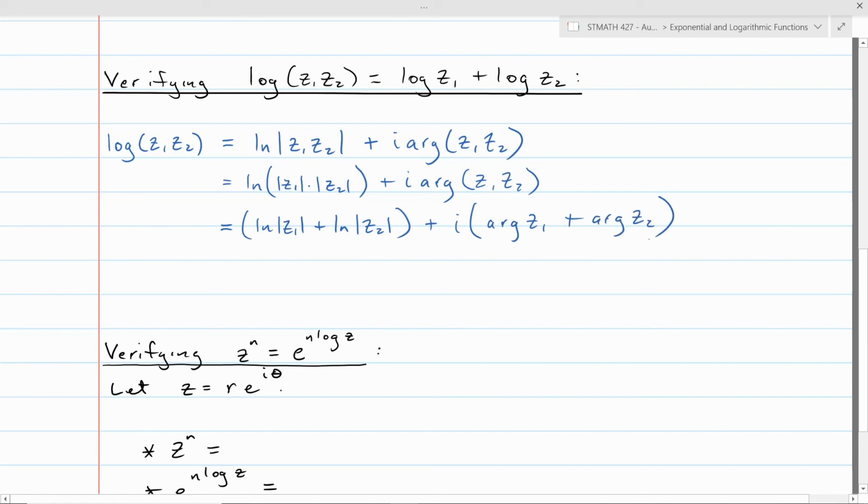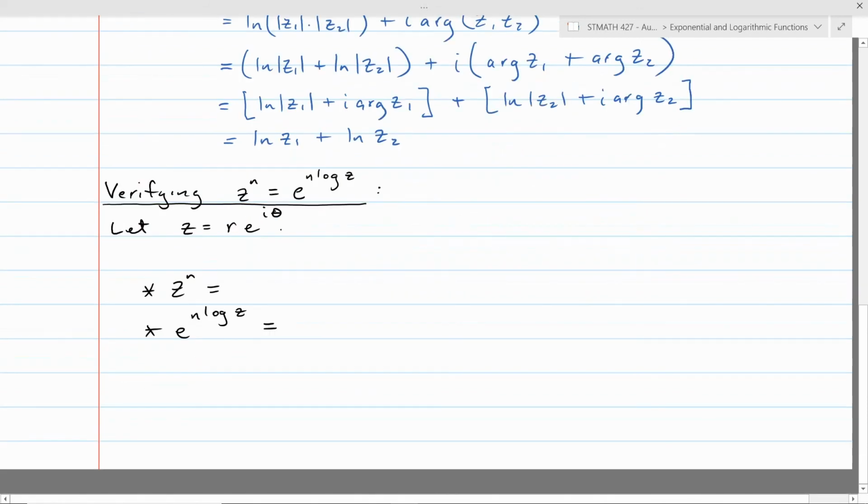And then you can just put the appropriate terms together here. So we can write this as natural log modulus z1 plus i times arg z1, plus natural log modulus z2 plus i times arg z2, which is by definition natural log of z1 plus natural log of z2.